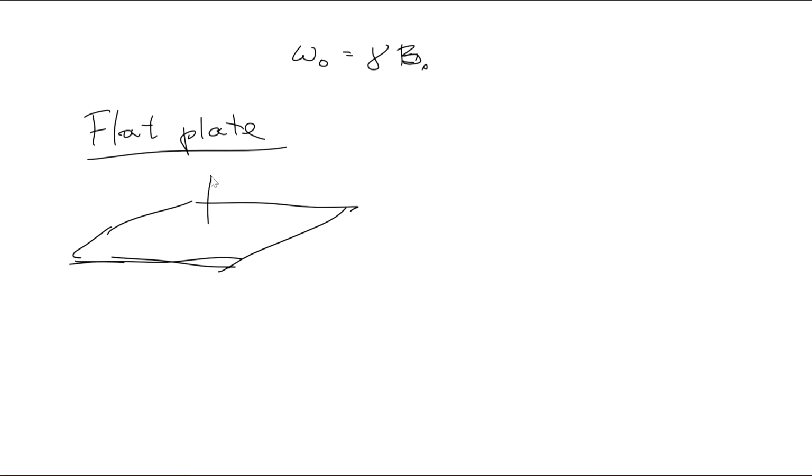Now we apply B at 90 degrees to the plane. Then for the demagnetization factors, that's a z field, x and y in plane. So Nx is the same as Ny is 0, and Nz is 4 pi. That's CGS.